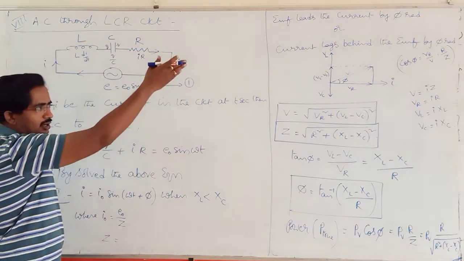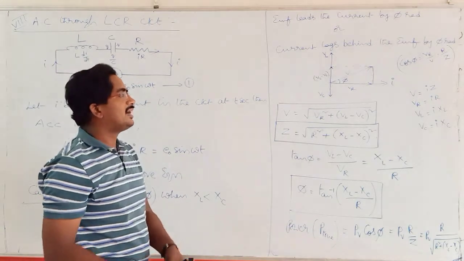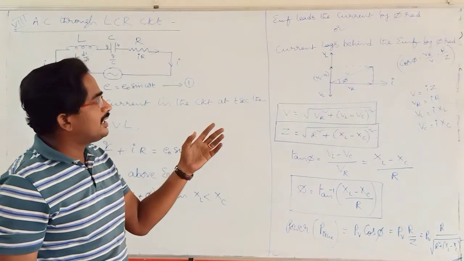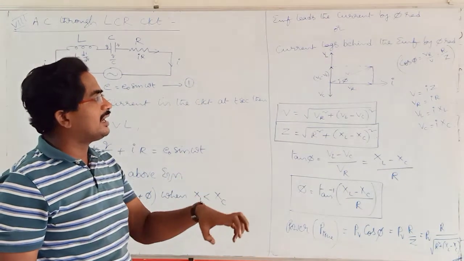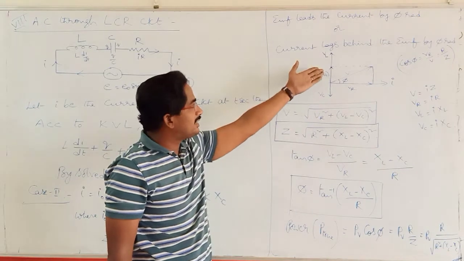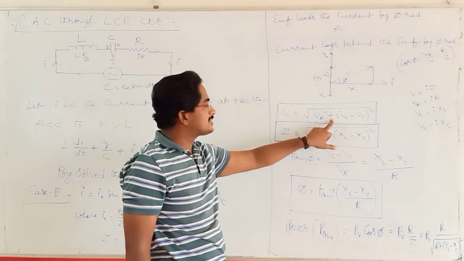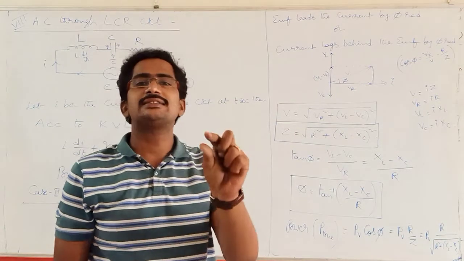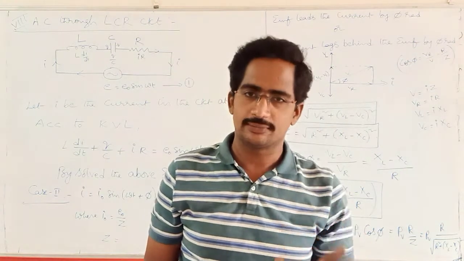We are going to draw a phasor diagram like this. If you draw the phasor diagram, the equation for V we are getting is the same: VR square plus (VC minus VL) whole square.